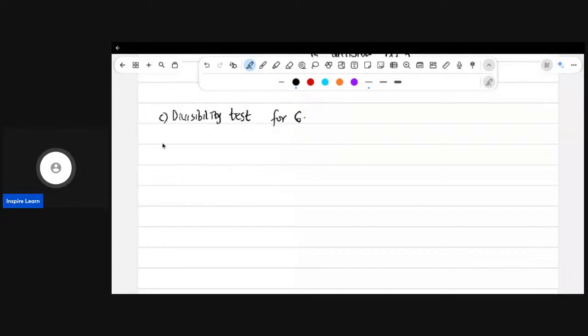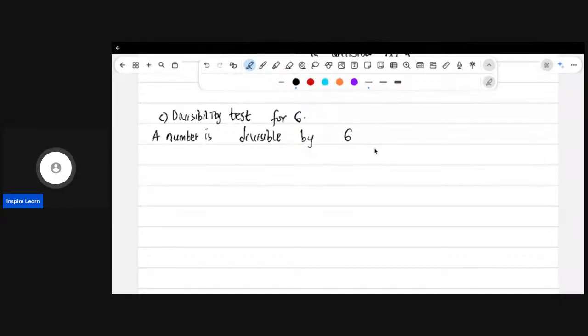So the rule says that a number is divisible by what?